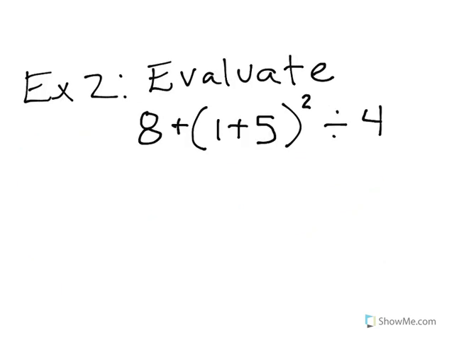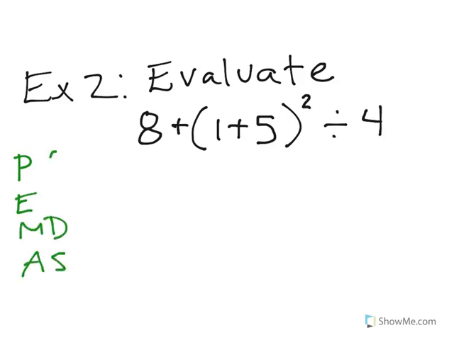All right, so my last example is I want to evaluate this expression using orders of operations. Again, I'm going to go back to orders of operations. I'm going to remember, please, excuse, my dear, and Sally.